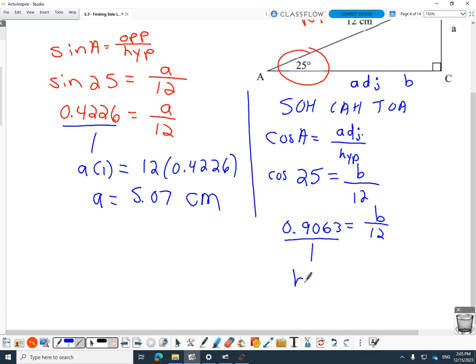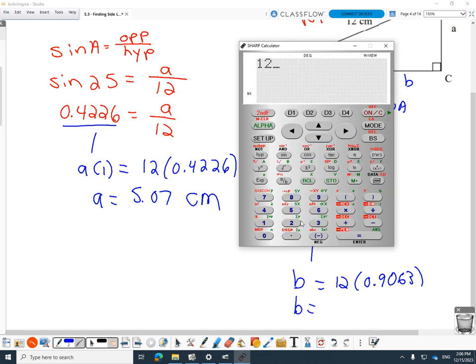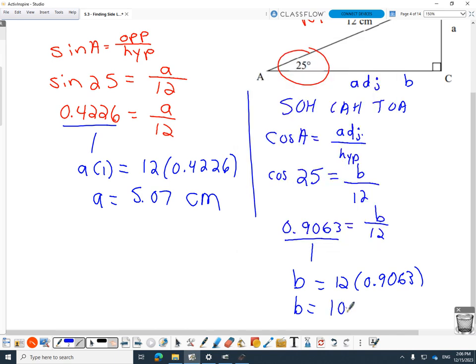B equals 12 times 0.9063. Answer: 10.9 centimeters.